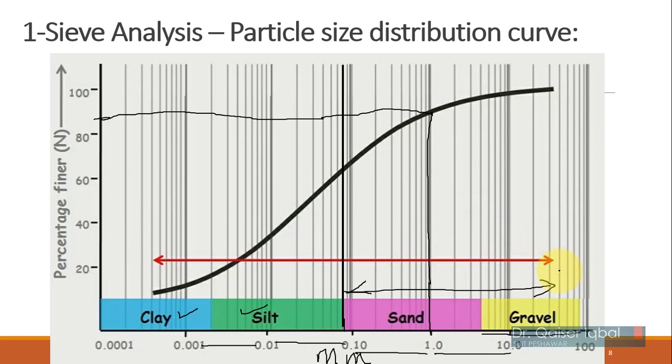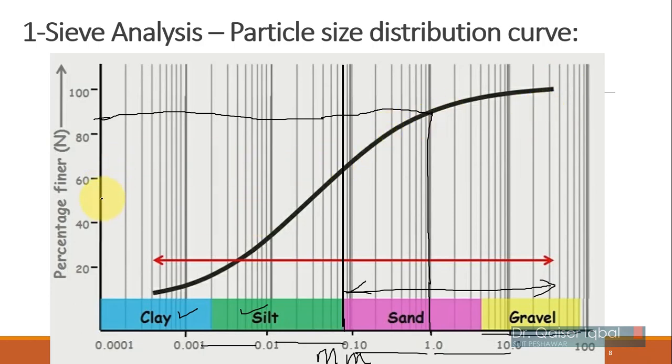It basically tells you that the given soil has size ranges from 0.0003 up to 80 millimeter, or 70 millimeter, I guess, in this case. And their percentage is given as follows.